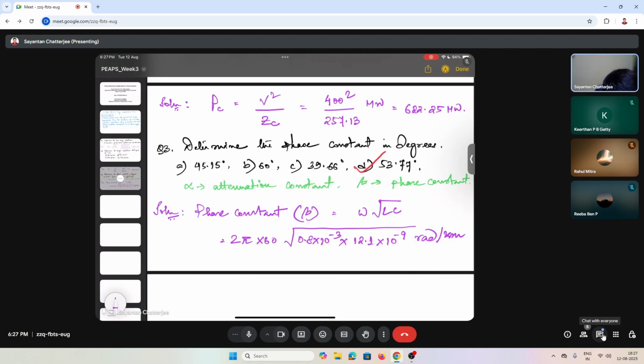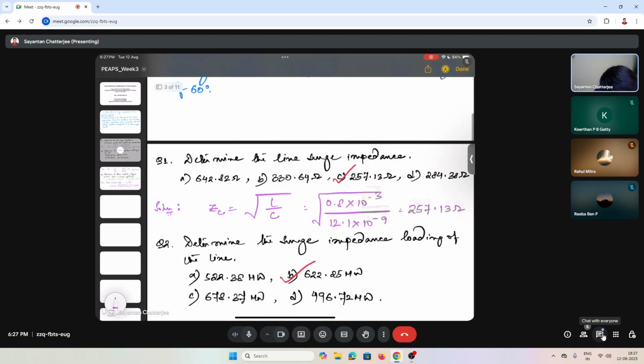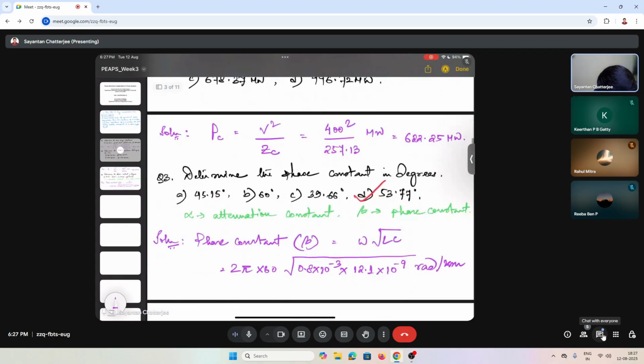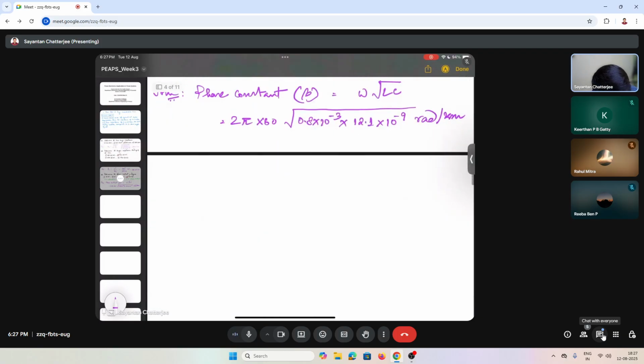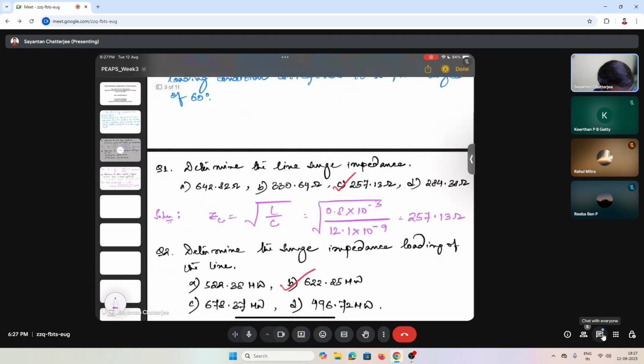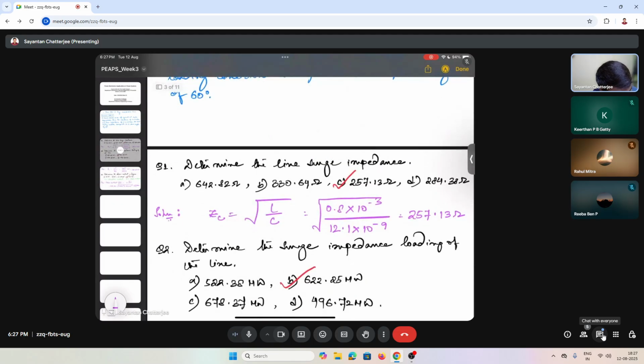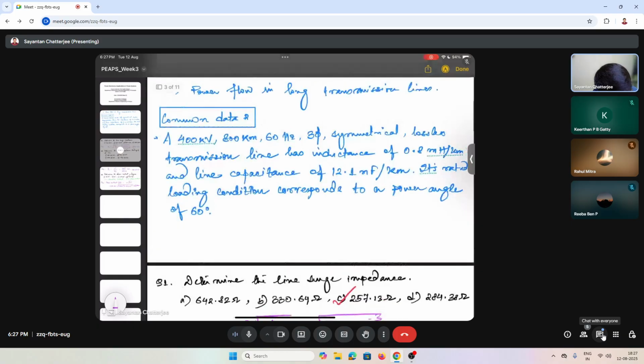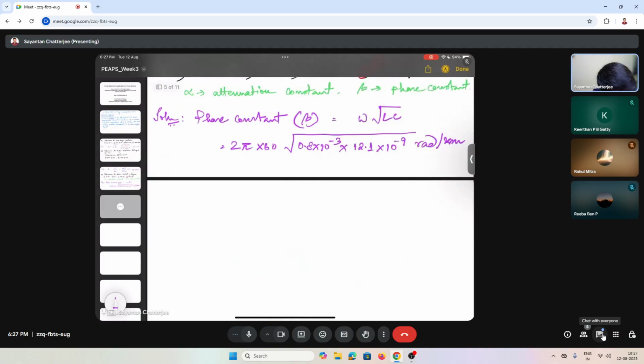Now the question is phase constant in degrees. So we will have to do beta L, right? For an 800 kilometer line, what will be the value? Beta L, where beta is in rad per kilometer.